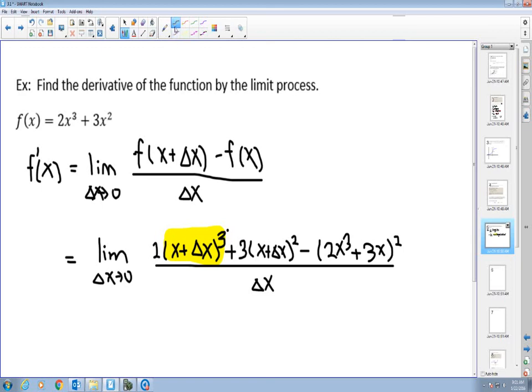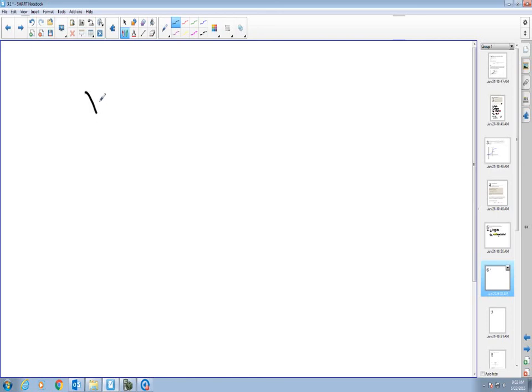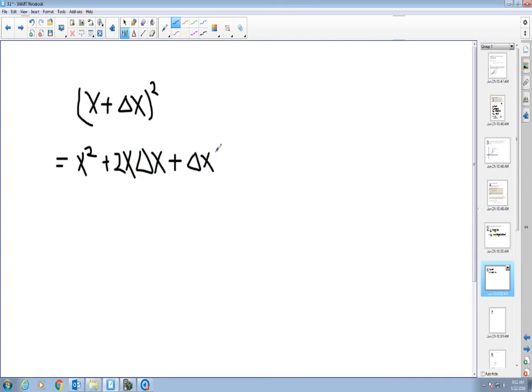We know that x plus delta of x squared will give me x squared plus 2x delta of x plus delta of x squared.